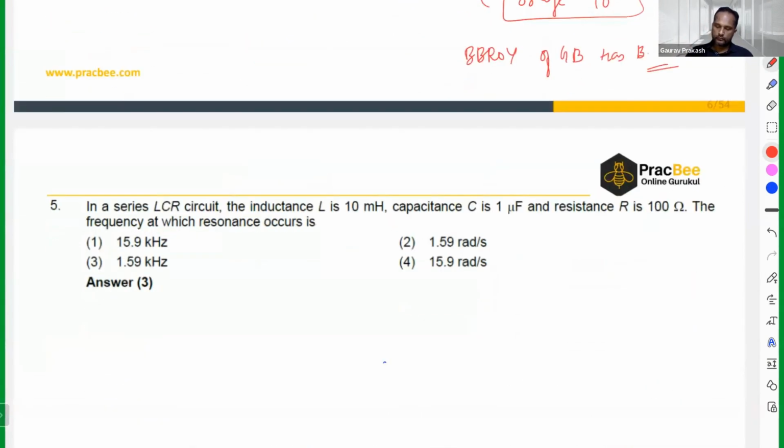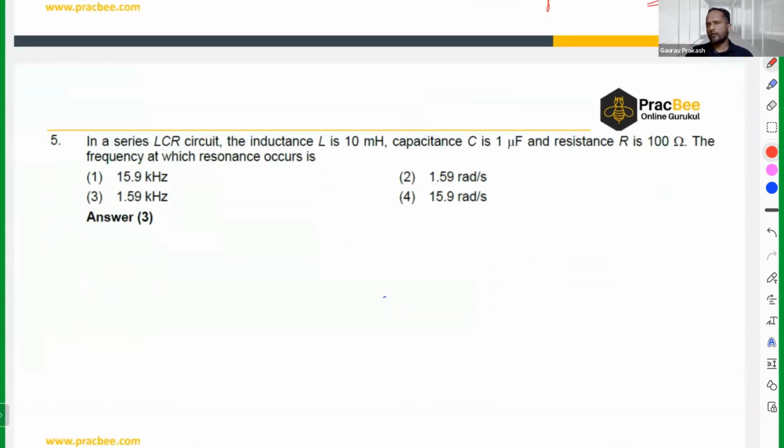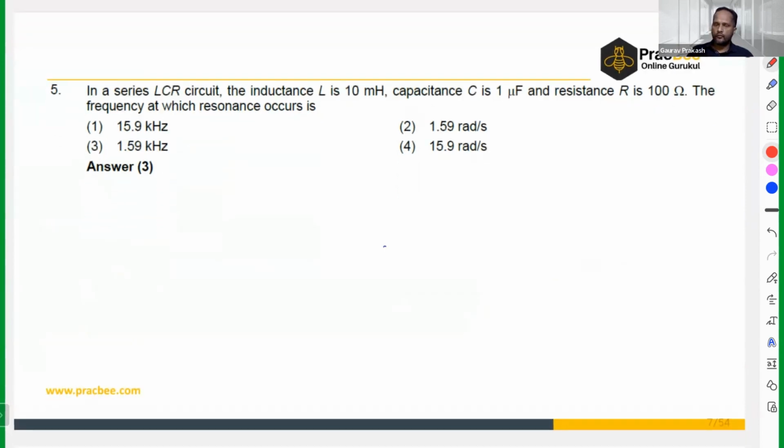Now the next question is from the LCR circuit, which is AC, and we have been given inductance and capacitance, and we have been asked to find the resonance frequency. We know that the resonance frequency is 1 by 2 pi under root LC. So again, a very easy question.